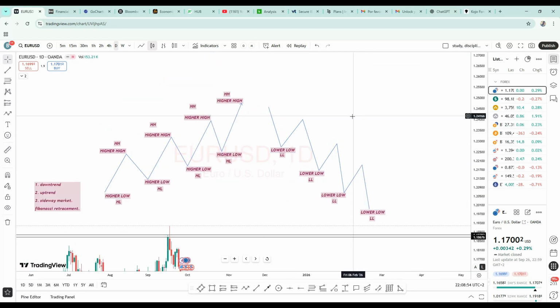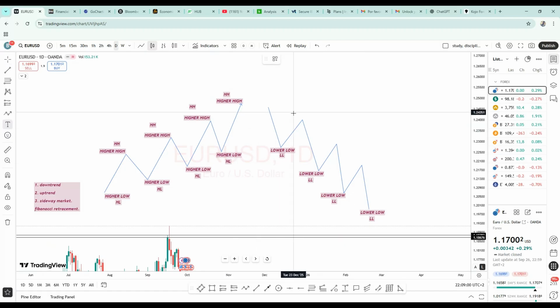And then if you have a lower low, we have a what? We call this a lower high. This is a lower high.